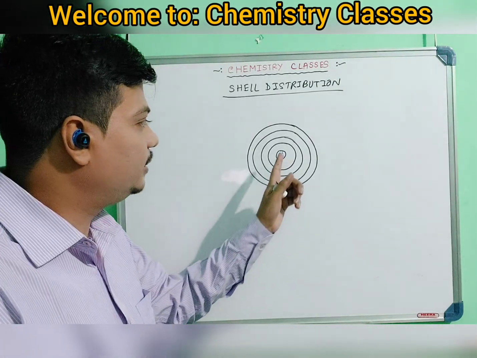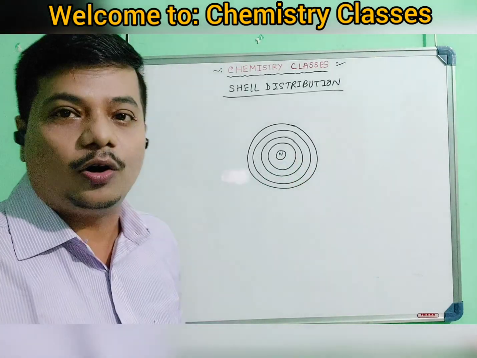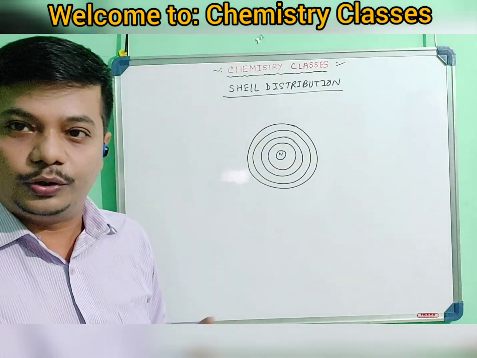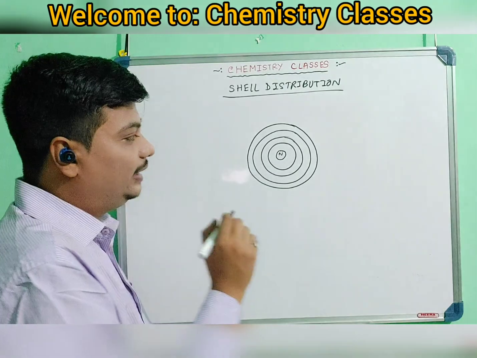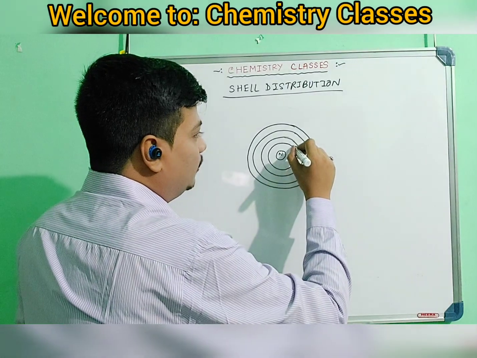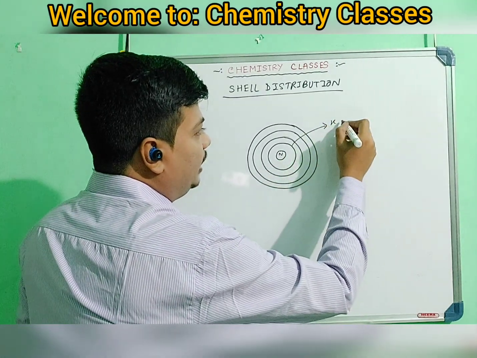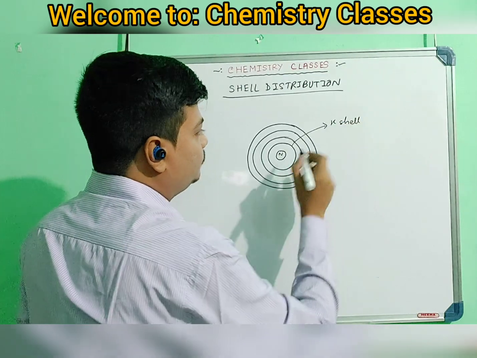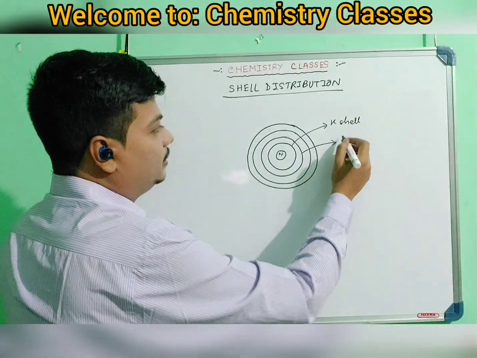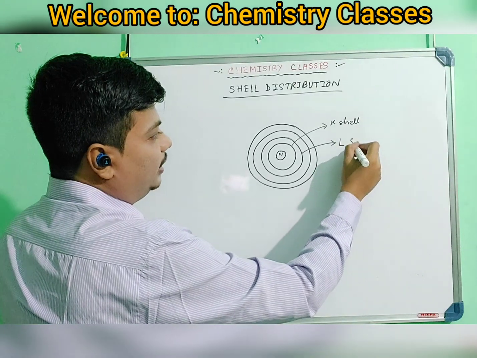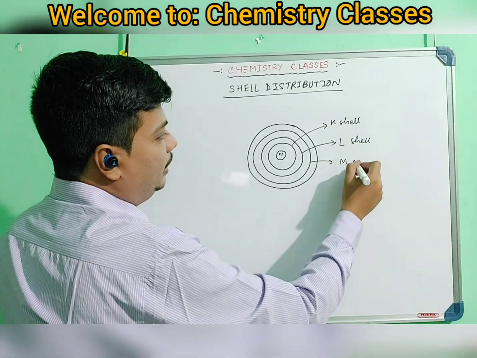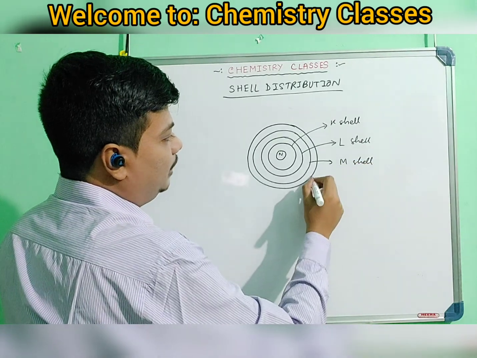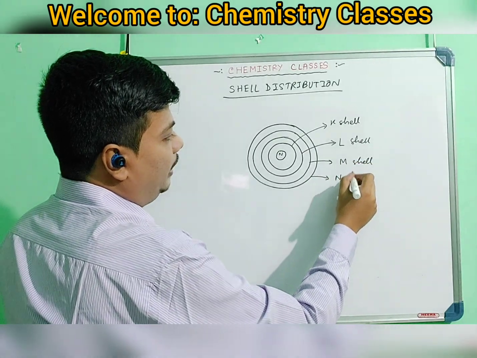These particular orbits have certain names. The first one is K shell. The second one is L shell. Third one is M shell, and the fourth one N shell.